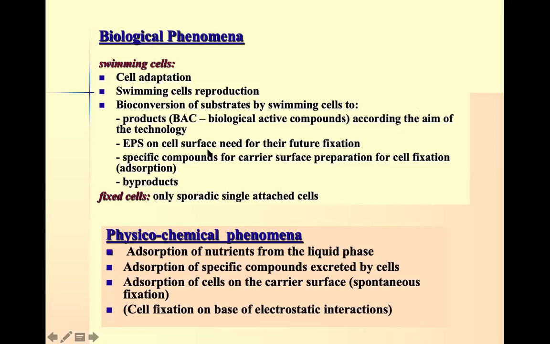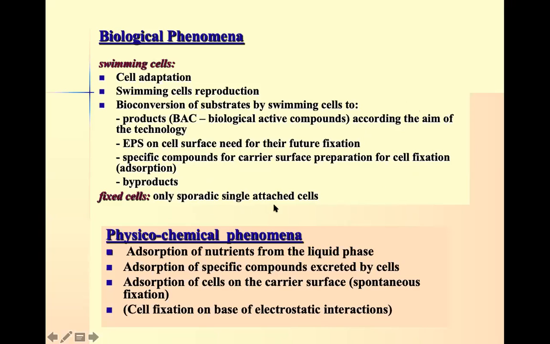Exopolysaccharides on the cell surface are needed for their future fixation. So they also release exopolysaccharide for future fixation on the surface of the carrier. Specific compounds for carrier surface preparation for cell fixation, byproducts.